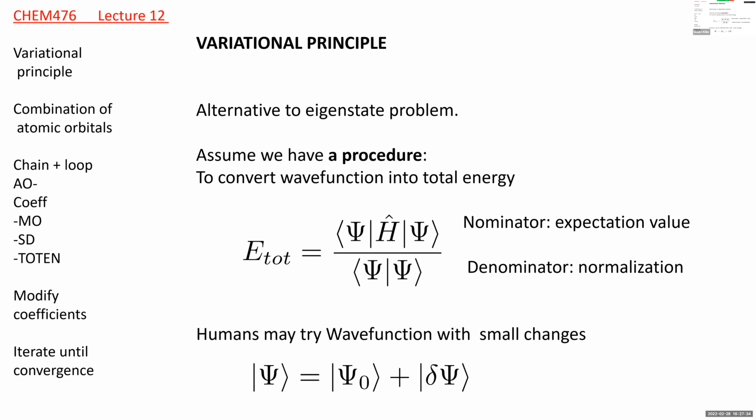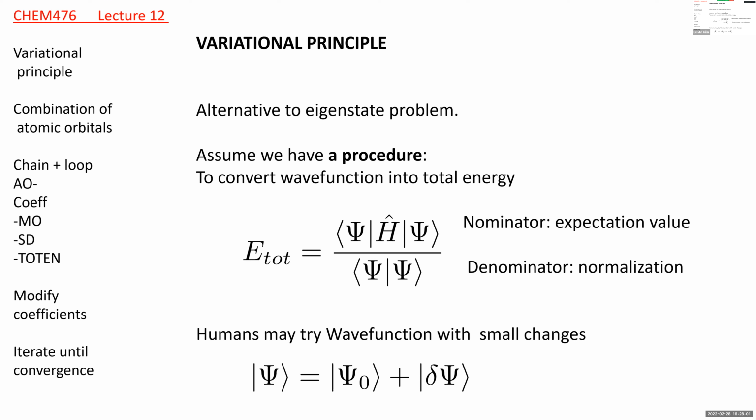By forming this bra-ket expectation value, you'll get just the total energy. Just in case we did something wrong, if our wave function is not normalized, we can divide by the normalization, psi with itself. It just makes sure that dimensions are okay. It can be here or it can be removed. It's just a precaution measure.